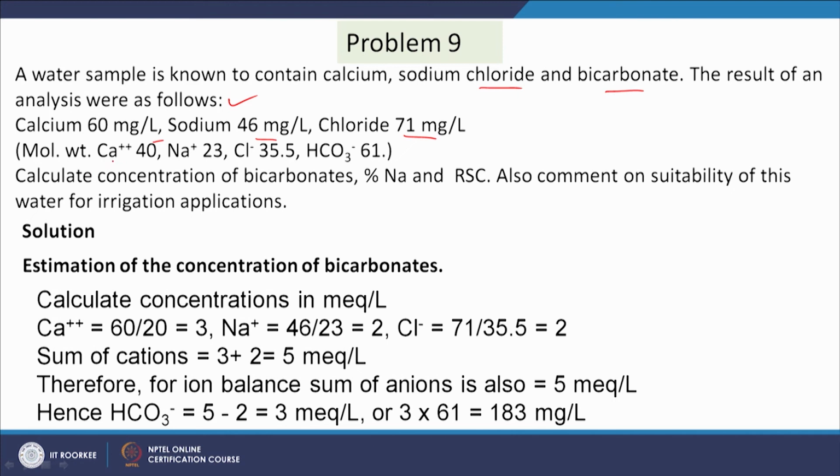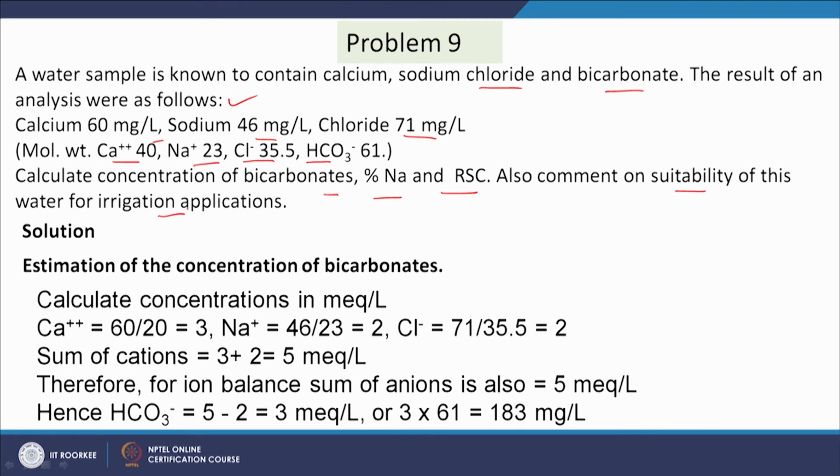Molecular weights: calcium 40, sodium 23, chloride 35.5, bicarbonate 61. Calculate the concentration of bicarbonate, percentage sodium and RSC. Also comment on the suitability of this water for irrigation applications. So, this is our problem statement, we have to solve it.